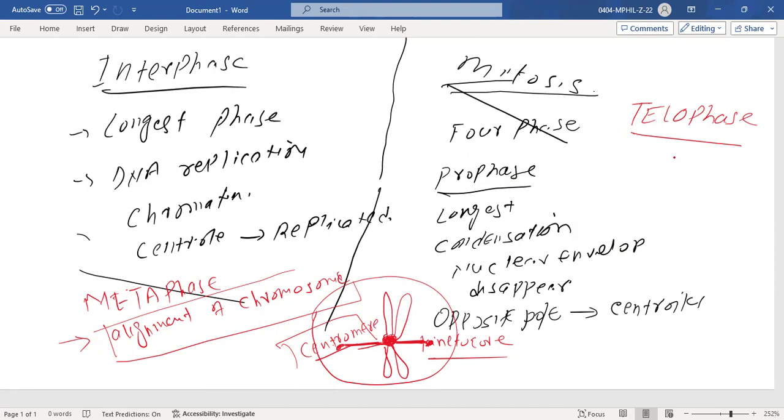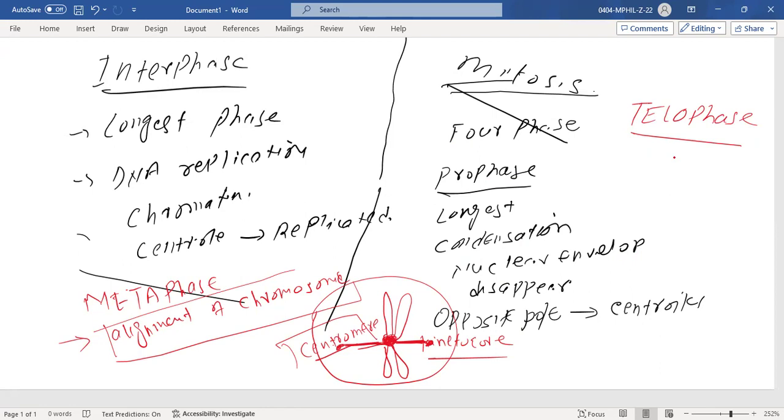Whatever changes occur in prophase, all changes will be reversed in telophase. You said chromatids reach the poles of the cell. Definitely, all the chromosomes will reach the opposite poles.